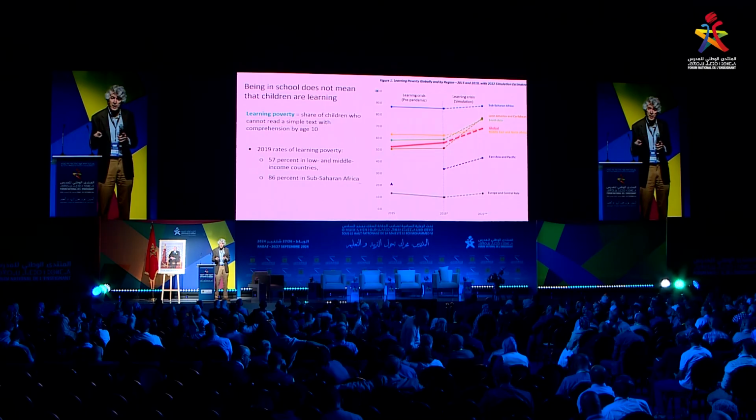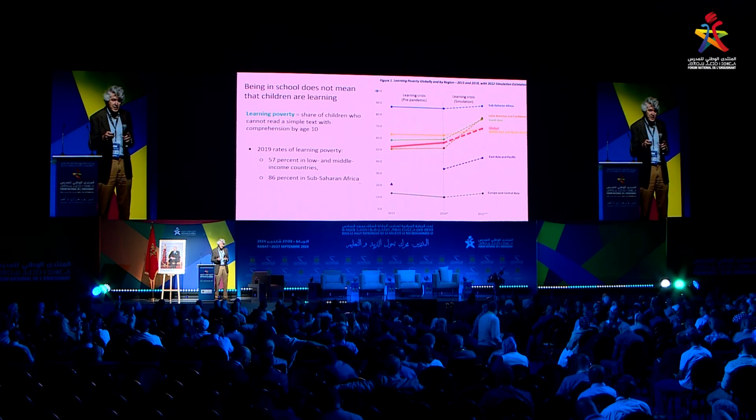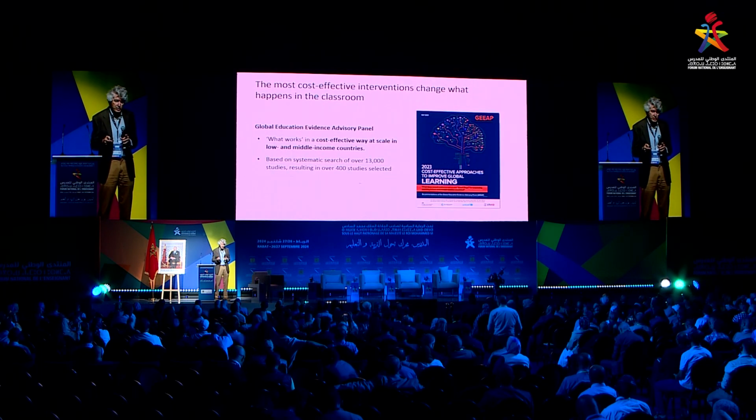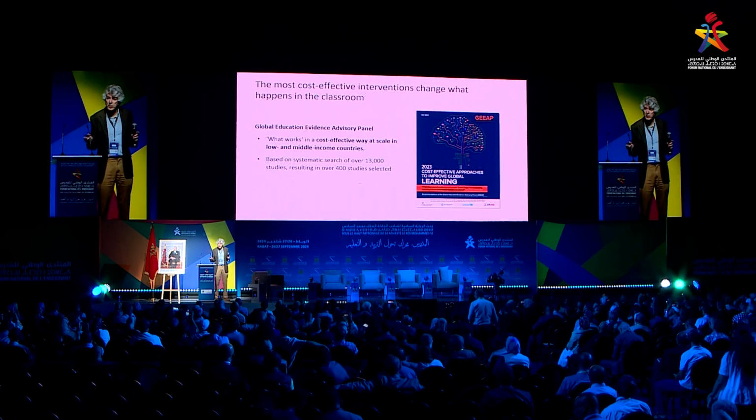You see the levels in this diagram. The yellow is Middle East and North Africa, where Morocco is. Roughly speaking, for all those countries in Middle East and North Africa, about 63% of the children who are age 10 were unable to read a simple text. So what we really need to work on is the quality of education. We're getting kids into school, but we need to make sure that they learn more. Okay, so what are we going to do?